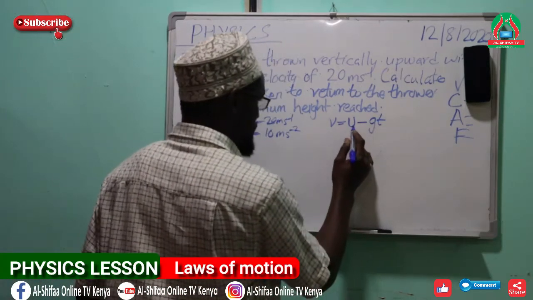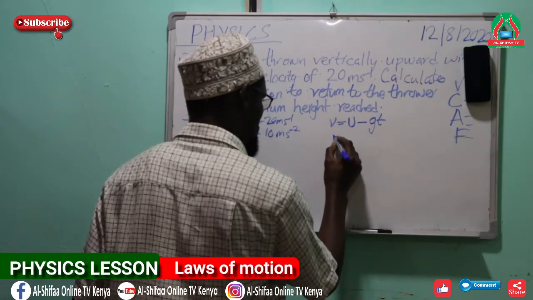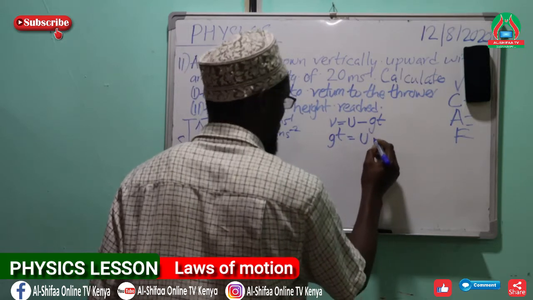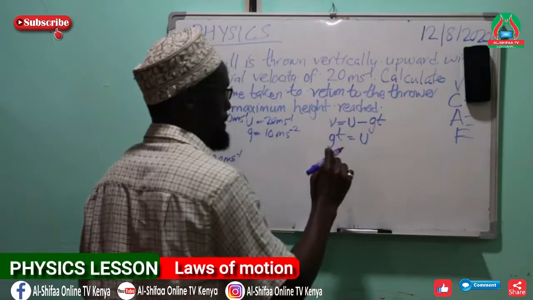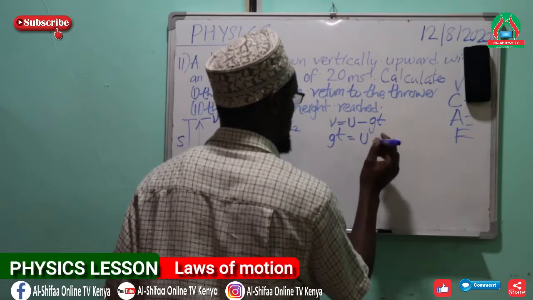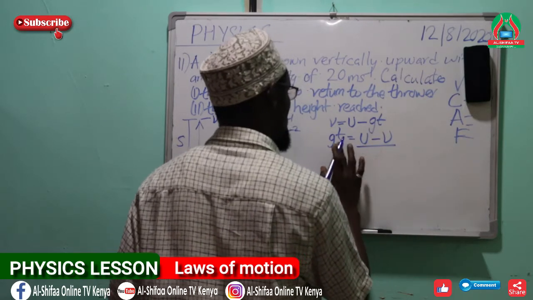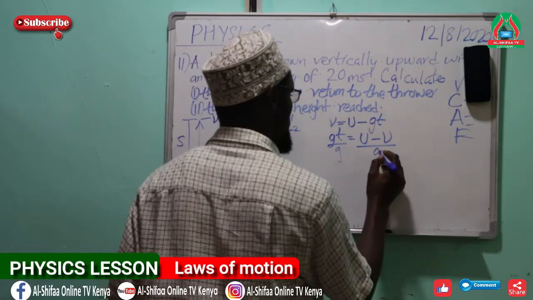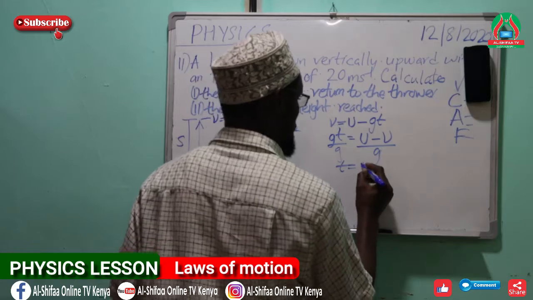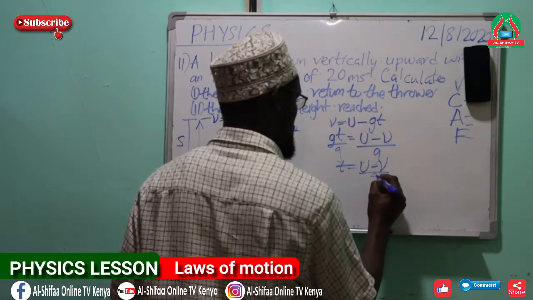We see that gt is equal to u minus v, and we divide by g, so t is equal to u minus v over g.